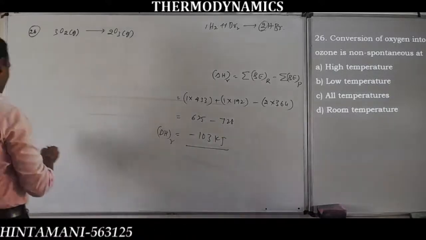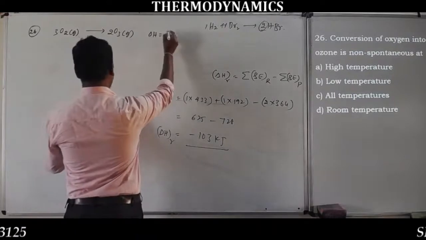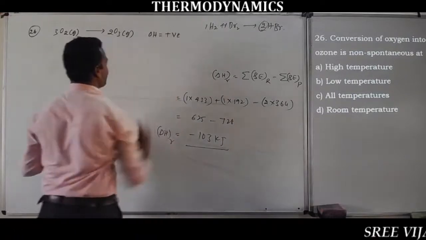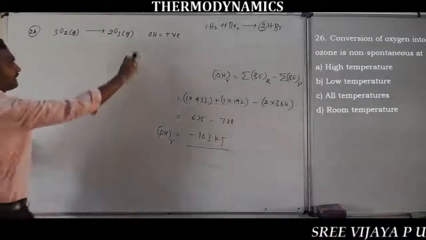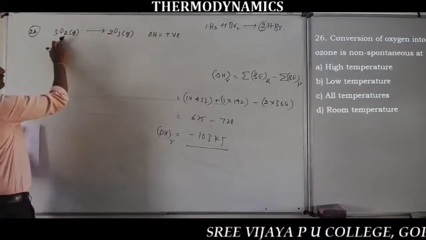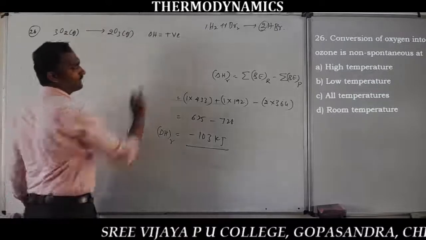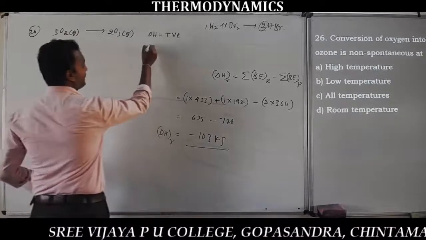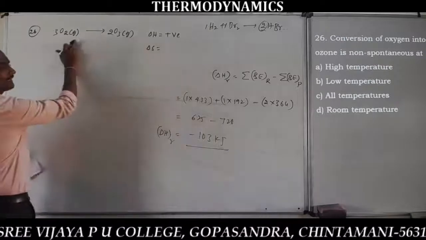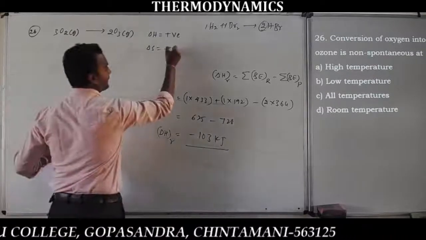The conversion of oxygen to ozone is an endothermic reaction, that is, delta H is positive. Decomposition of ozone is the opposite. Here, with two gases, look at the number of moles: 3 moles here, 2 moles there, therefore delta S is negative.